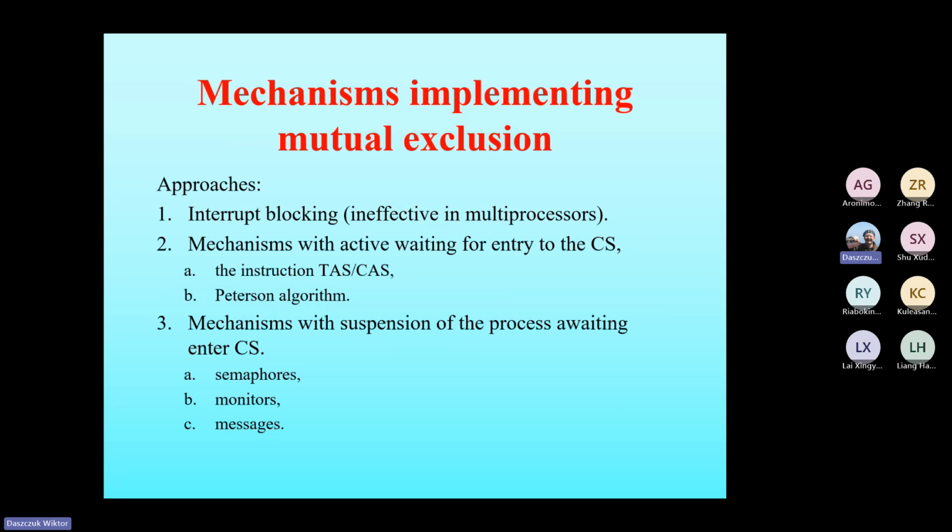Then we have mechanisms with active loop of waiting using test and set or compare and swap, or this Peterson algorithm that I do not offer. It is only for two processes.